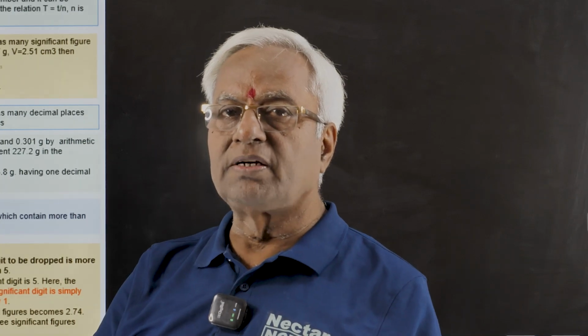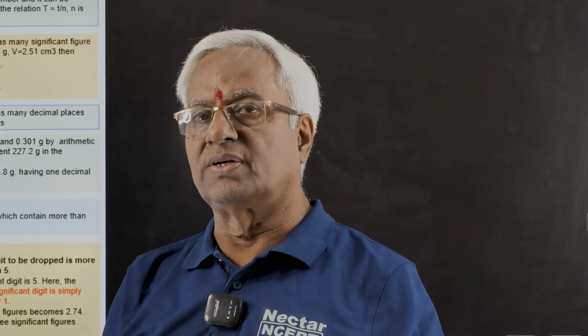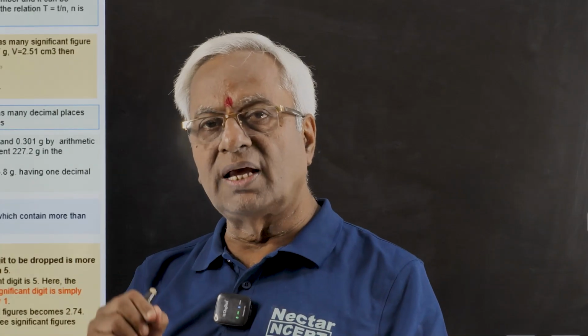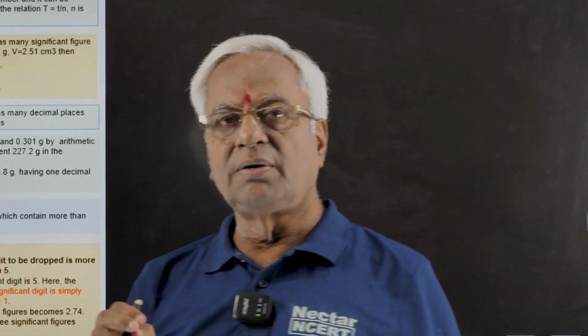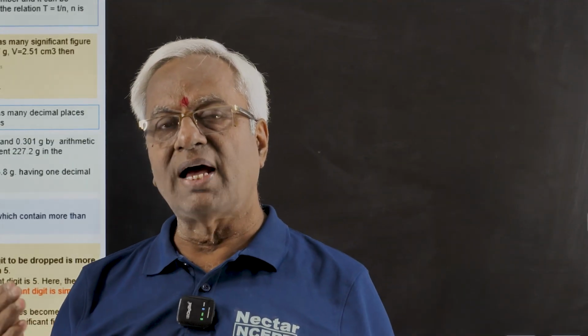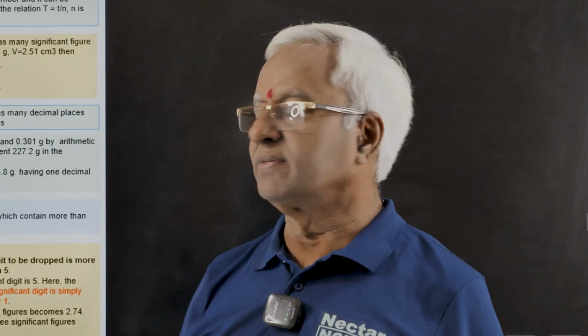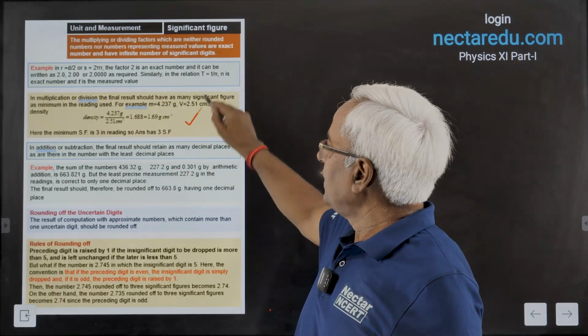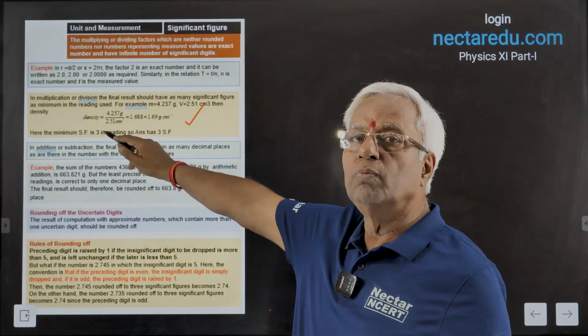In the process of multiplication or division, the answer shall be in the minimum number of significant figures as in the readings. For example, here I have given the reading of mass and volume.